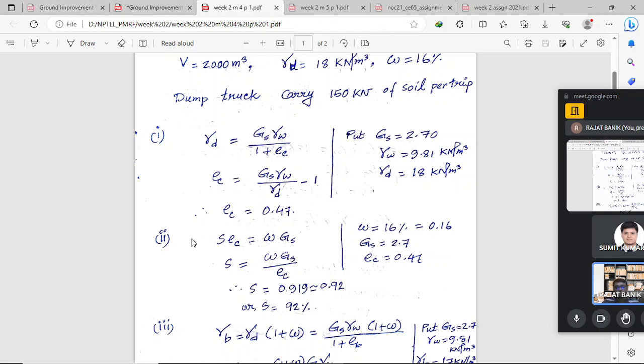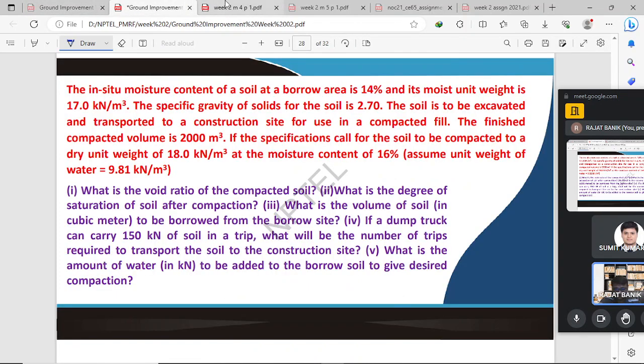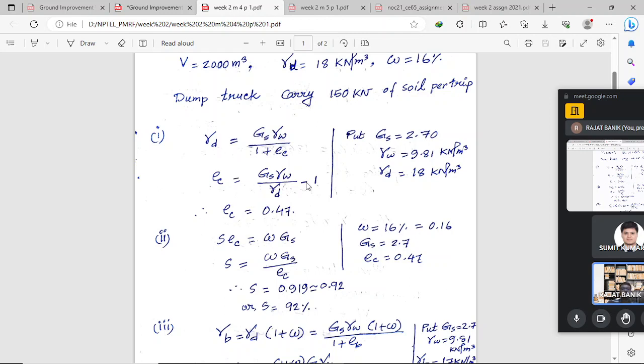To solve the second problem, we find the degree of saturation for that compacted field. We can apply the formula S e is equal to omega G. Here S is the degree of saturation, e is the void ratio, omega is the water content of the compacted field, and G is the specific gravity of the soil, which is constant for that soil.